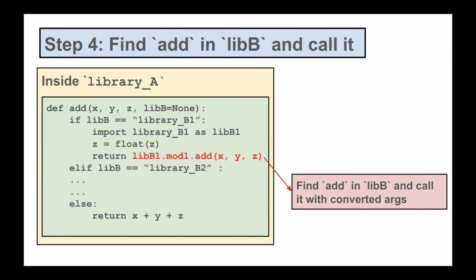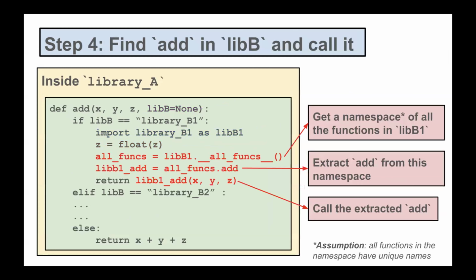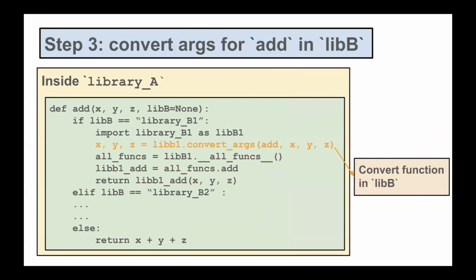So here, instead of library A finding the backend implementation, I've used this all functions method that I expect the backend library to give, and so it's easier for me to now get the add function. And similarly for convert, I'm putting this responsibility on the backend library to give me this convert arg function.